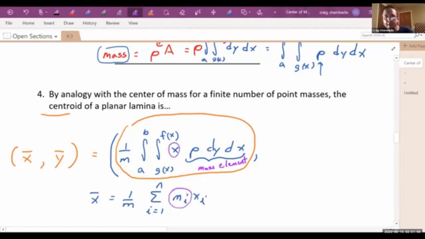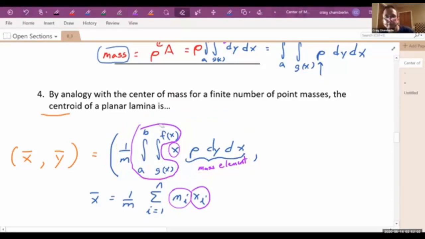The x is kind of like the x sub i, and the double integral symbolism is like the sum. And so this integral will do the same thing for an infinite number of points in your planar lamina that this formula down here did when we had a finite number of points.